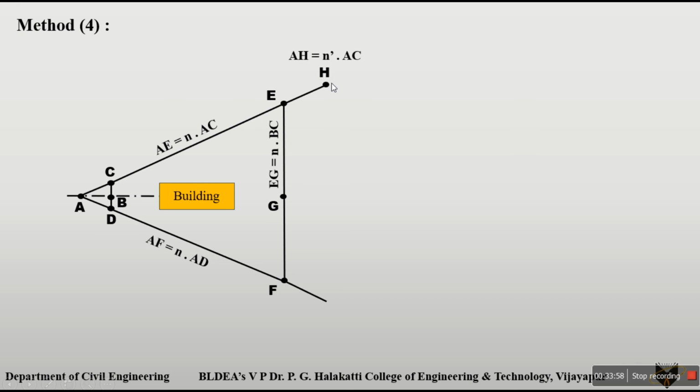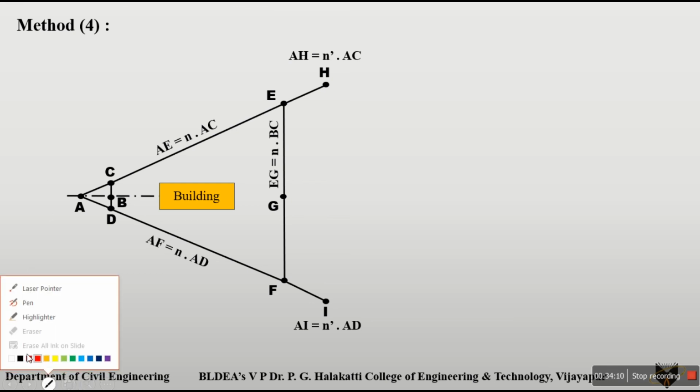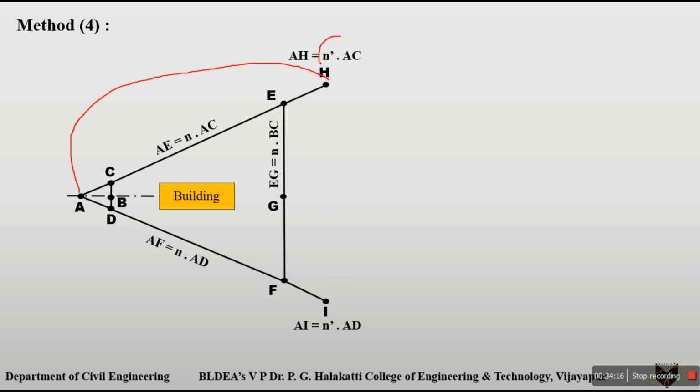Again you have to fix 2 points, that is H and I. Again the same: the distance A to H is equal to n dash times AC. Similarly, with the same n dash, AI is equal to n dash times the distance AD.